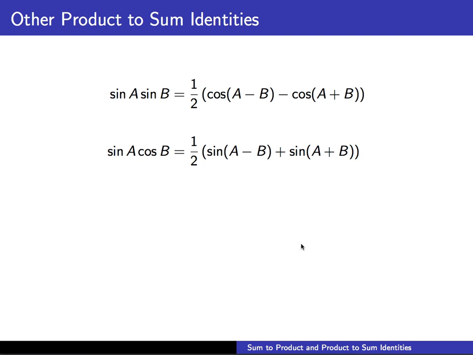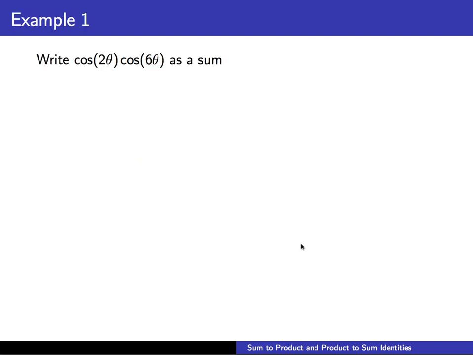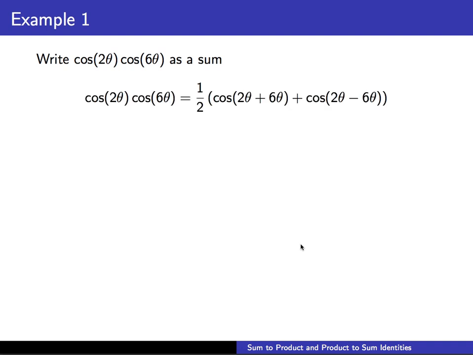So example 1, we're going to write cosine 2 theta times cosine 6 theta as a sum. In Calc 2 or BC Calc, you might see this in an integration problem. So cosine 2 theta times cosine 6 theta is half the sum of the cosine of 2 theta plus 6 theta, and then the cosine of 2 theta minus 6 theta.